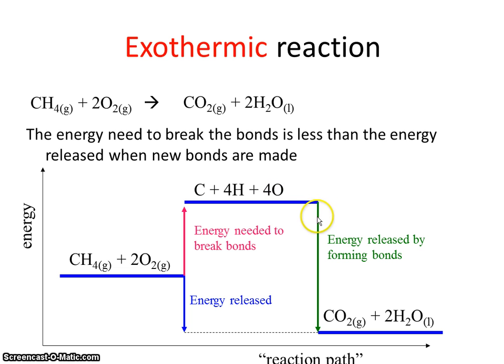When the new bonds are formed in production of the carbon dioxide and the water, the total bond energy here is less than what we started with, so that energy was released to the environment, and this is an exothermic reaction.